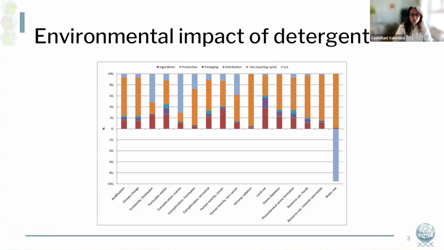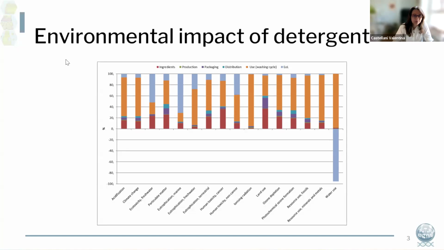What I would like to show you today is that even if looking at different environmental problems, so looking at different indicators, what we see is a strong prevalence of the impact of the use phase, so the washing cycle, over the other phases.